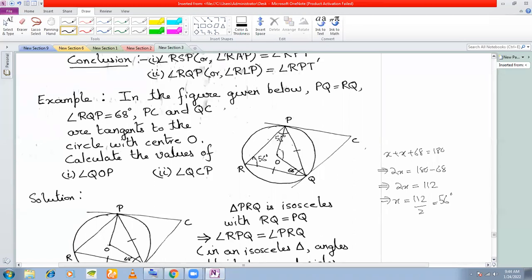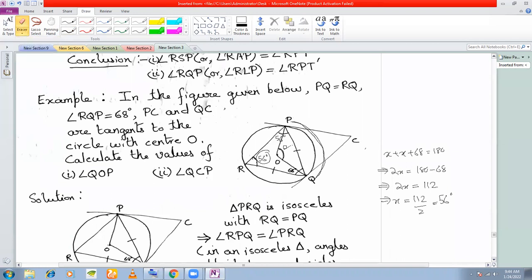Fine. So once we know this angle to be 56, this angle QOP is subtended by which arc? This arc QP at the center. And what is the angle subtended by the same arc QP on the remaining part? This 56. So this angle QOP that we need to calculate must be double of 56.